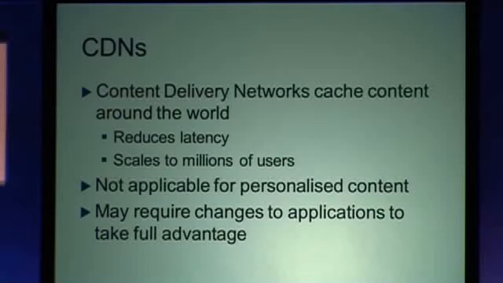So basically what it is, is a caching mechanism around the globe which takes your content, and when an ISP gets a request for your content, unless it's transactional based content, it's something that the content delivery network will handle locally to that user.